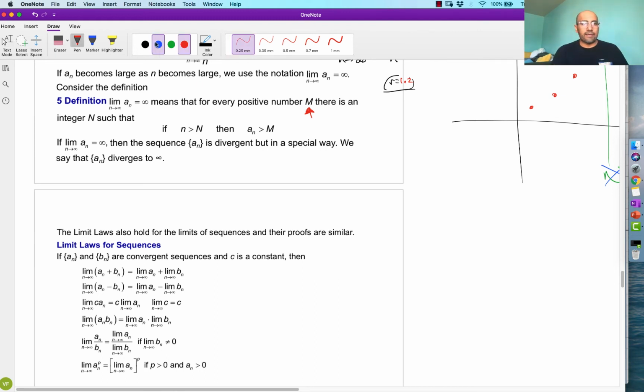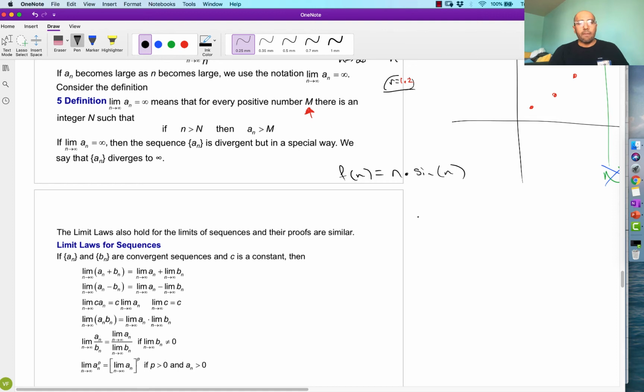So in my little example, f of n, I had n times sine of n. So the sine of n is what made it oscillate and caused that whole oscillation thing.